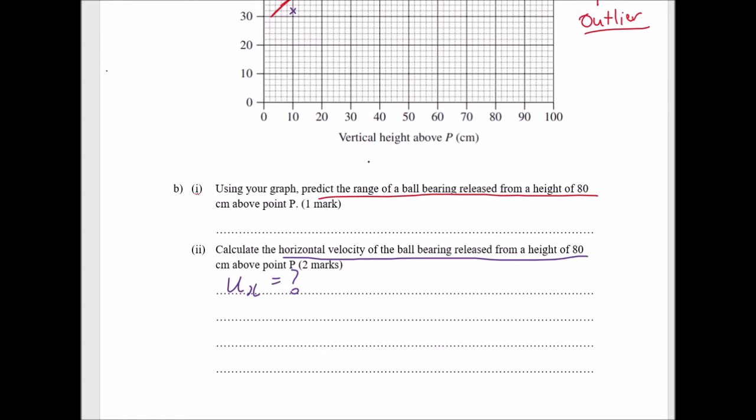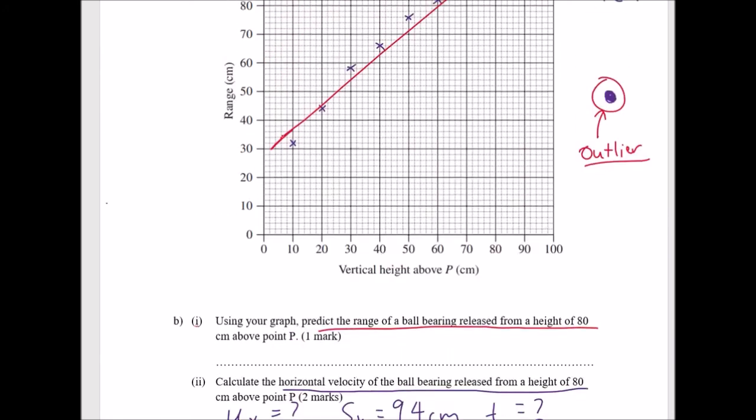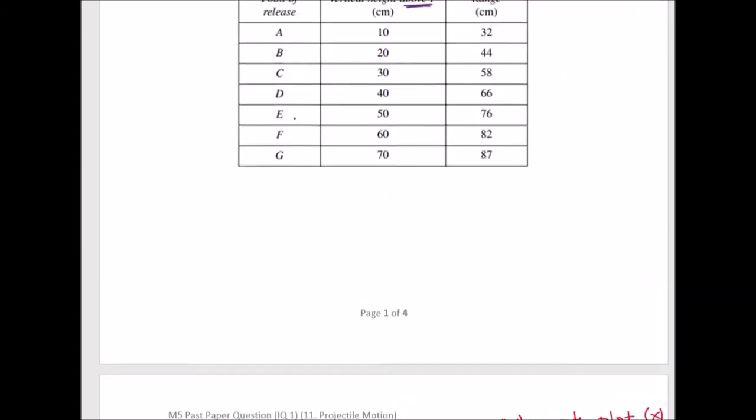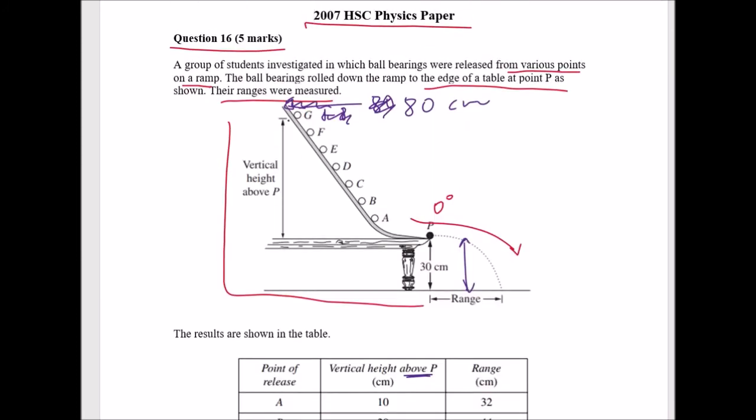Now I know that the predicted range in this case is 94 centimeters. So I'm stuck for time. I don't know what the time is. So that's what we're going to try and work out. Now how I'm going to work that out is very simple. This is the overall height difference that we have here.